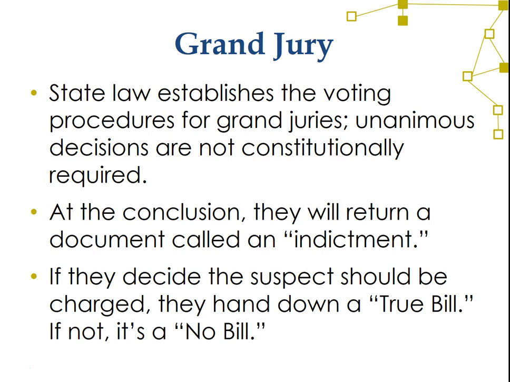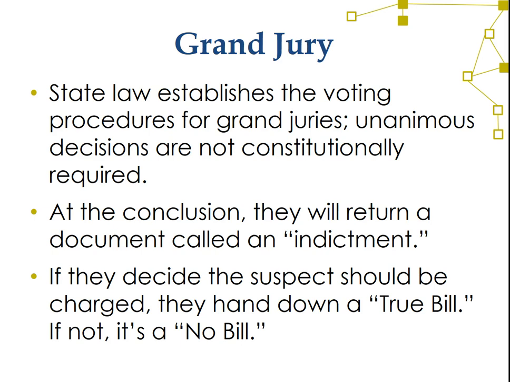And at the conclusion of the hearing, the grand jury returns a document that's called an indictment. So if the grand jury decides the suspect should be charged, a document usually called a true bill of indictment is going to be filed with the court clerk.